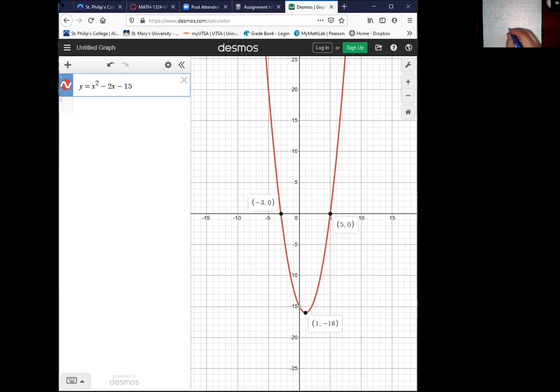So the x-intercepts as values would be -3 and 5. That's another 5. Y-intercept would be -16. Nothing crazy, right?